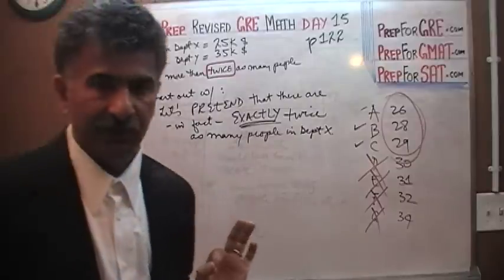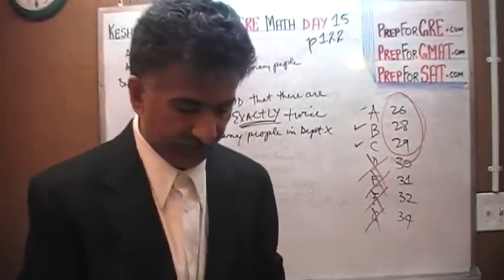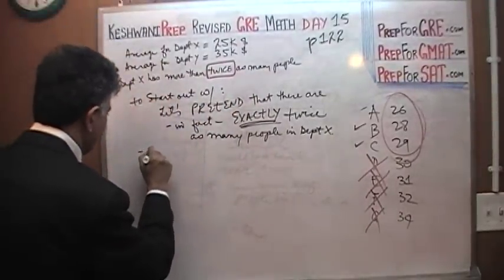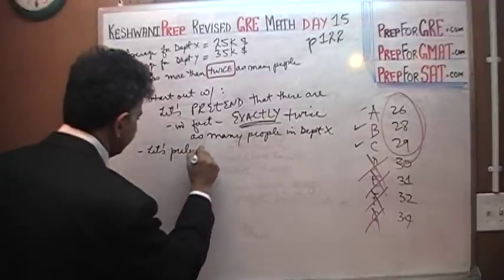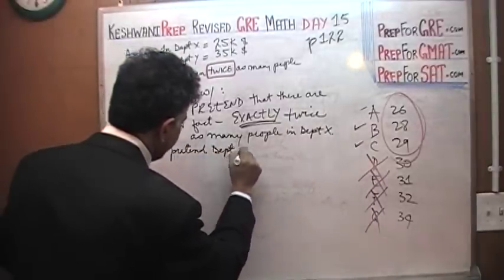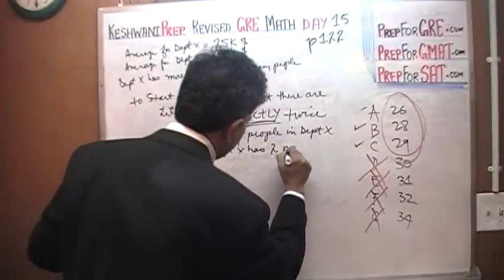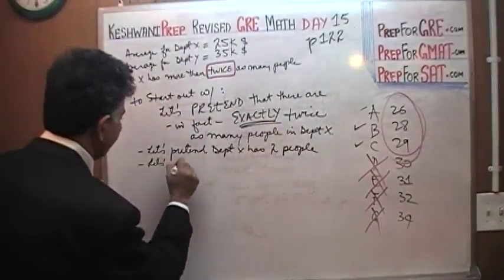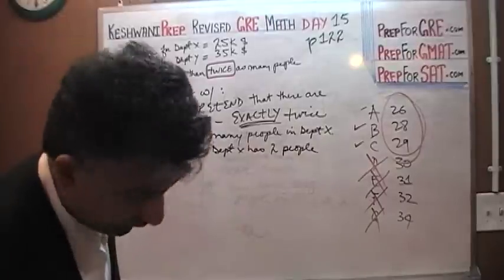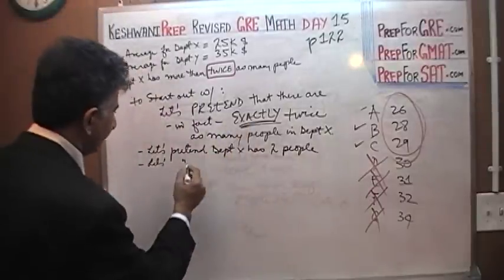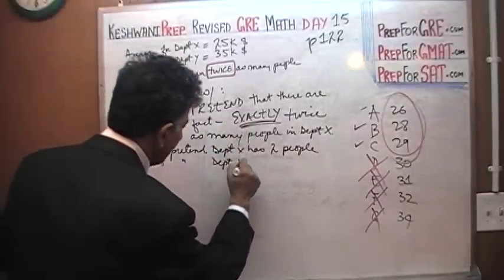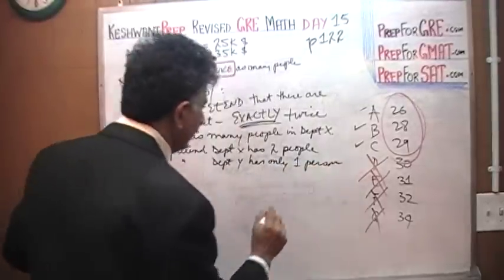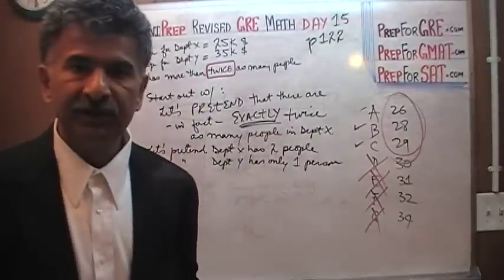To keep our math simple, to save time, let's pretend that there are exactly 2 people in Department X. Let's pretend Department X has two people exactly, and let's pretend that Department Y has only 1 person, and ask ourselves what would have been the average in that scenario.